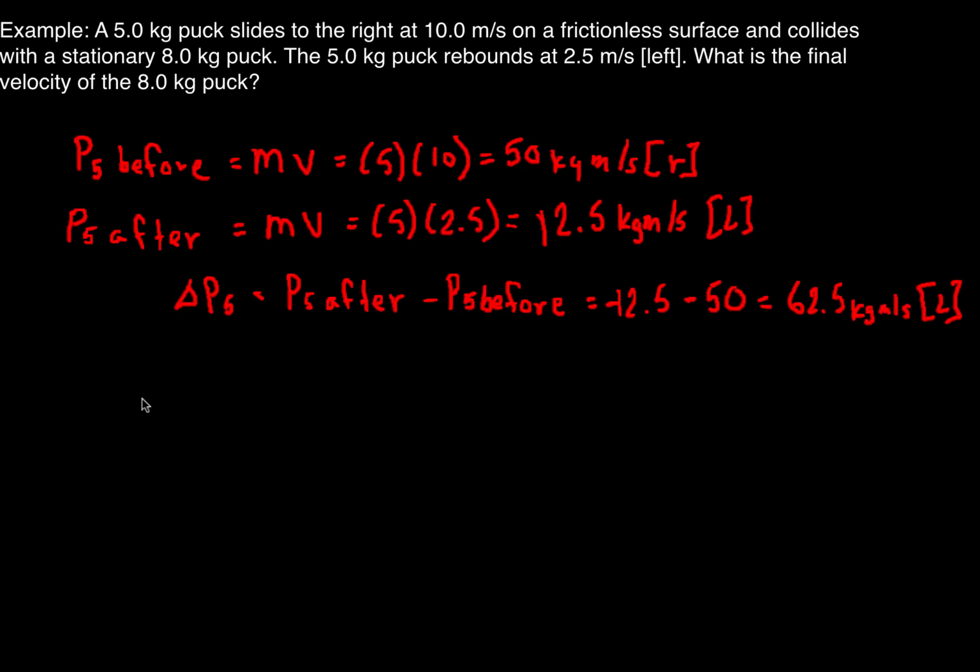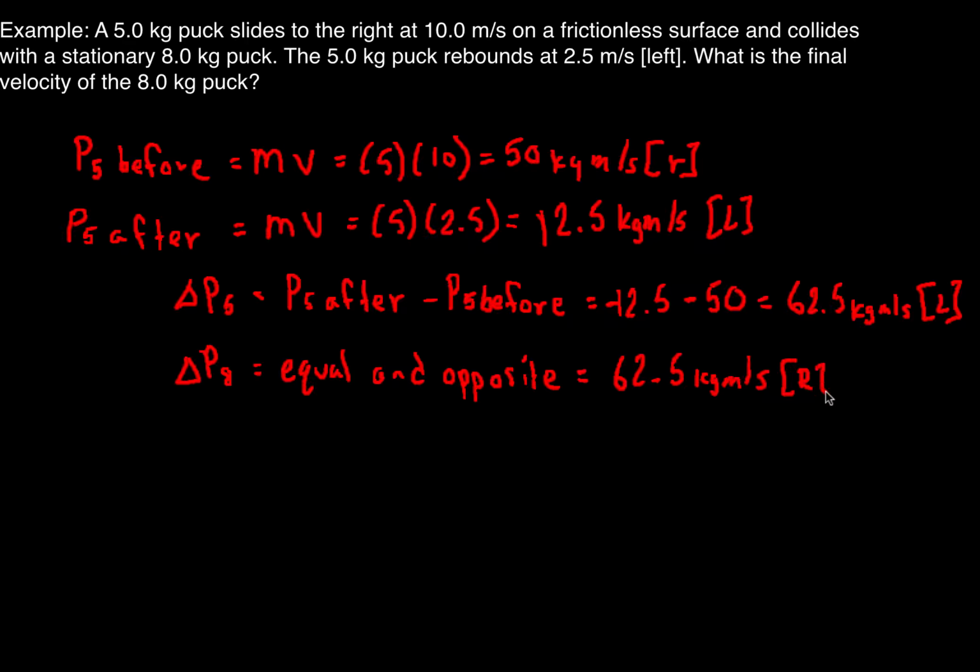Now we know that the change in momentum of the 8 kilogram puck must be equal in amount and opposite in direction. This means that the 8 kilogram puck must experience a change in momentum of 62.5 kilogram meters per second to the right.